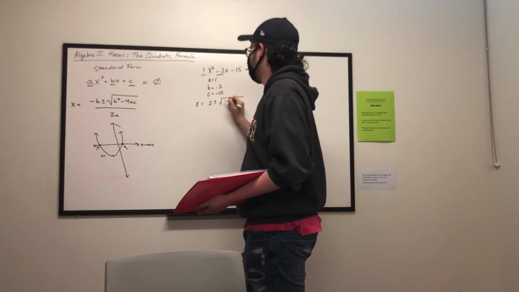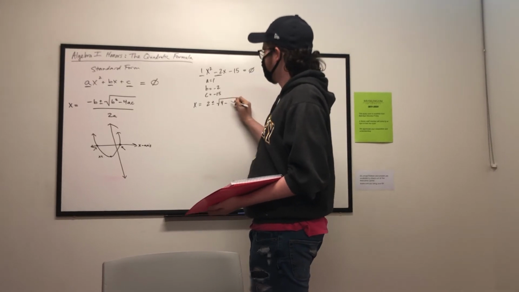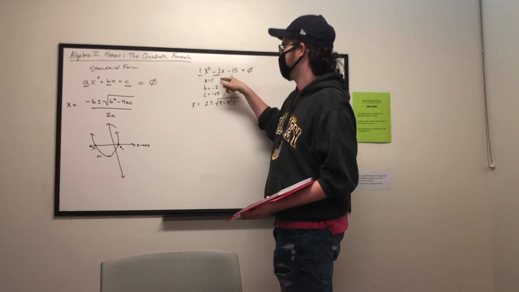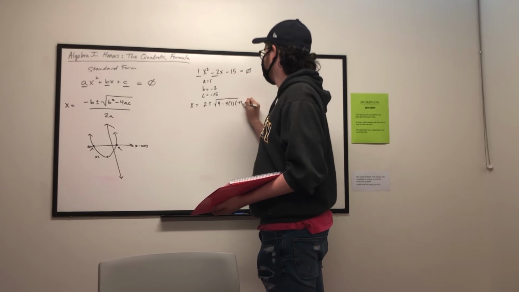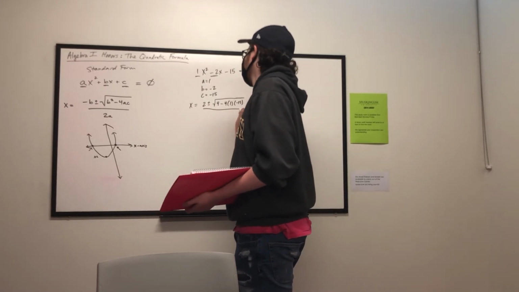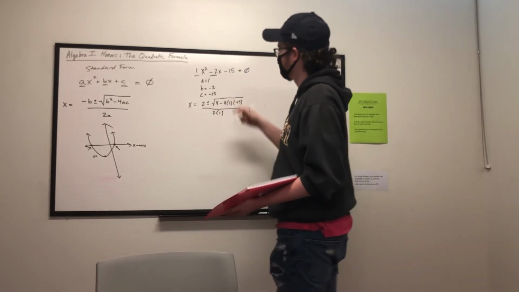So we're going to have negative 2 squared, which is equal to 4, minus 4 times a, and remember our a value is 1, and times c, which is negative 15. And that's going to be all over 2 times our a value.